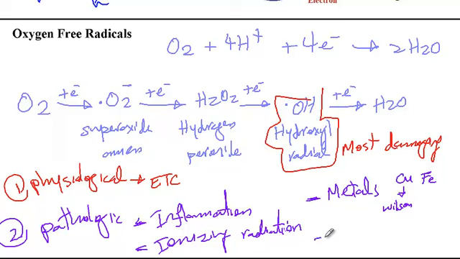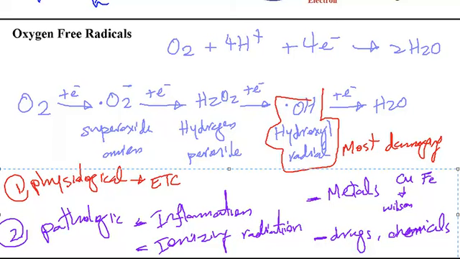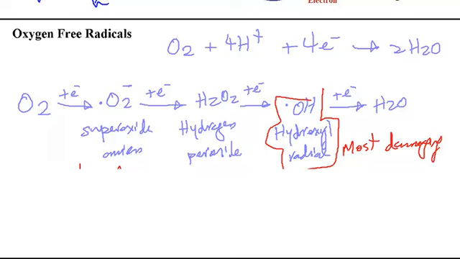And then lastly, there are drugs and chemicals that will lead to the formation of oxygen-free radicals. Now there are multiple defense mechanisms against these oxygen-free radicals, and we have already discussed one of them, which was the antioxidants. So let's go over them one more time.